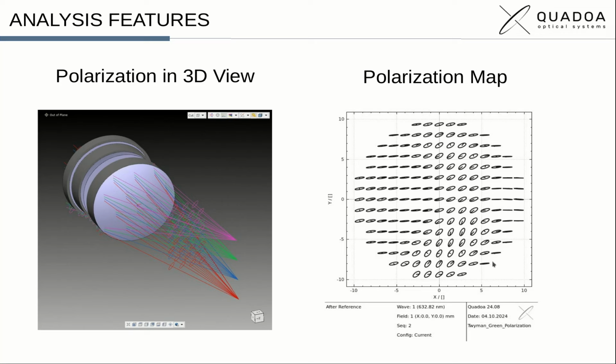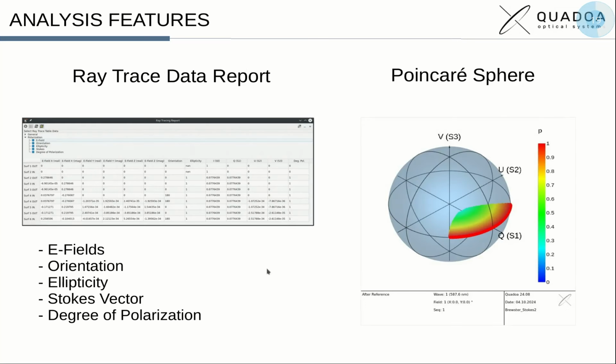Then there is the polarization map that can be used to plot the polarization ellipses over the pupil. The ray tracing report shows all the ray properties like the direction of the ray, the position of the ray, optical path lengths and all these things, but it also can be used to plot any polarization data.